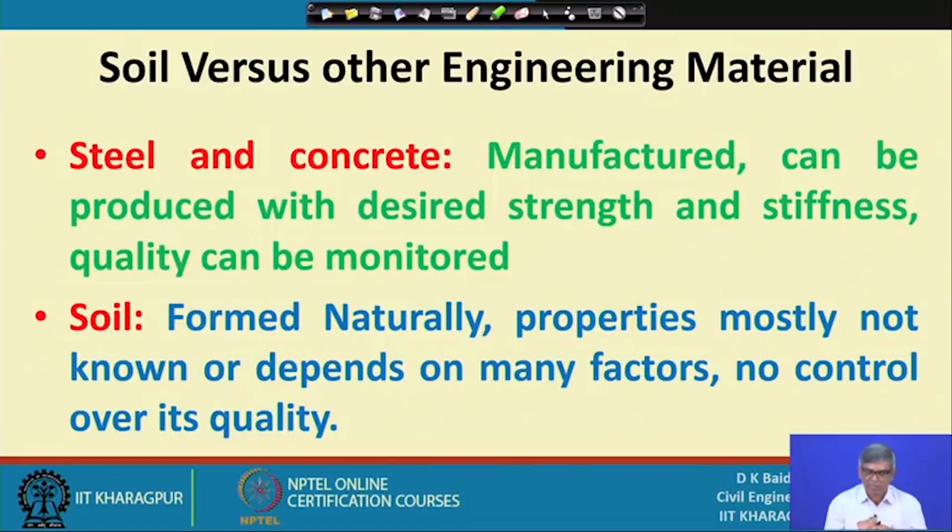It depends on many factors, and there is no control over its quality. That means I need good soil. So, I cannot say that a particular site is a good site. If you want to make a good site, then I have to apply some technique to make it good.